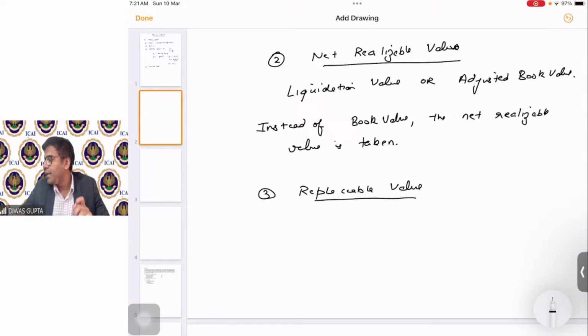Yes, Suraj, present value of cash outflow is your initial outlay. Is that what you're trying to say? So, replaceable value, students, understood? It is for the same condition of the machinery and the same balance useful life. If I want to replace it today, what is the value that I'm going to be charged?